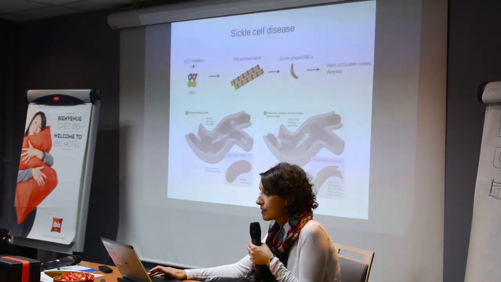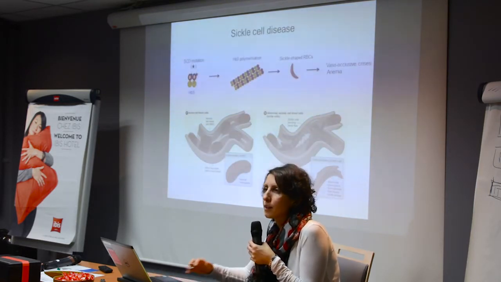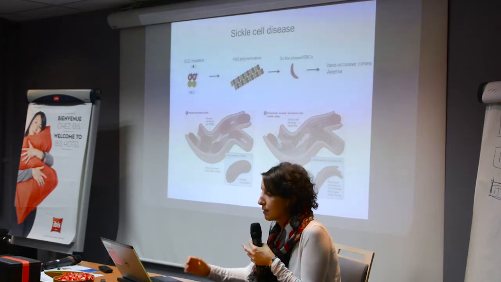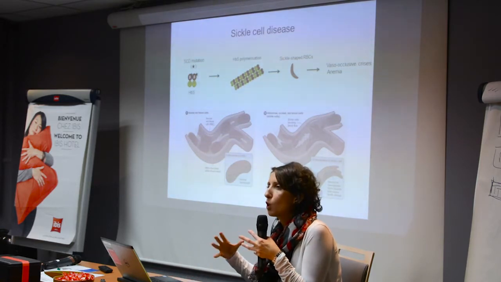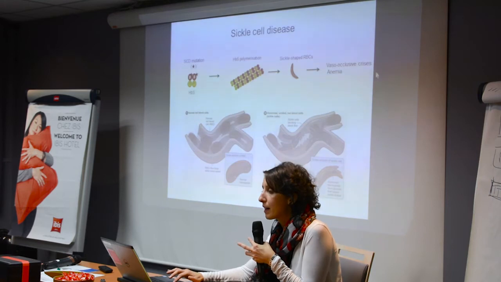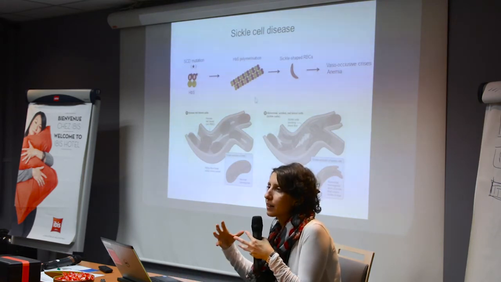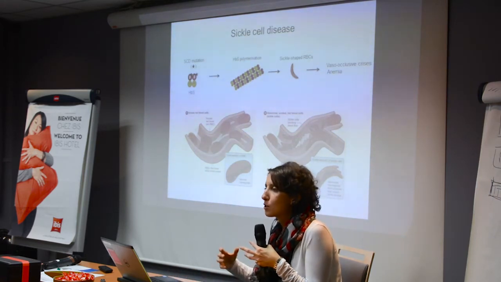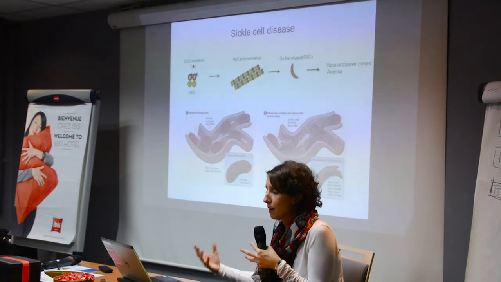In sickle cell disease, we have a mutant hemoglobin present in the blood, but this hemoglobin forms aggregates, and these aggregates cause the formation of abnormal red blood cells.